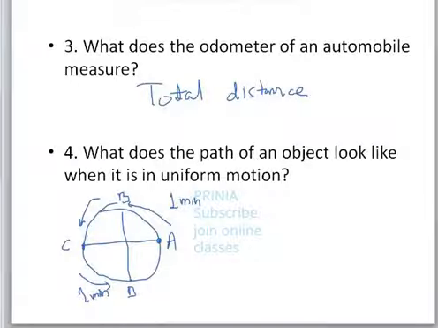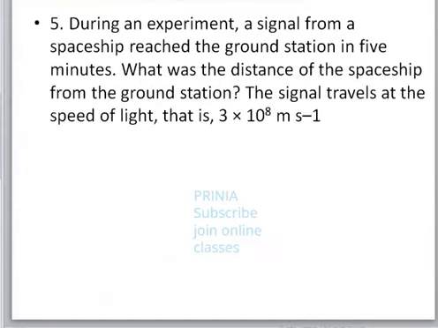So this type of motion is called the uniform motion, where the object is moving in a uniform path with a definite interval of time, that is, an equal amount of time.